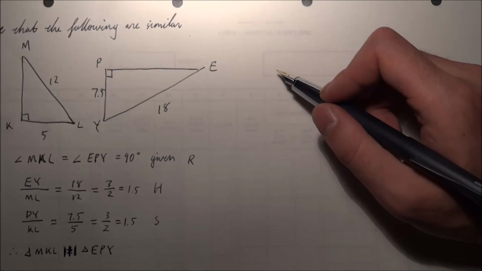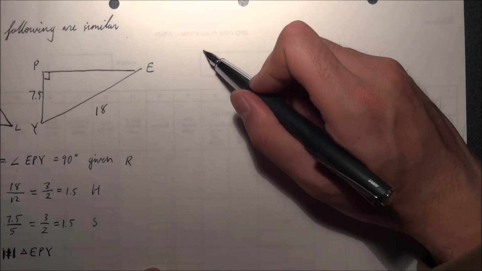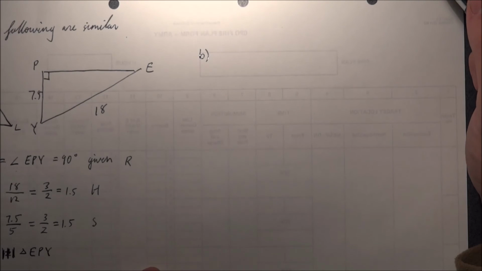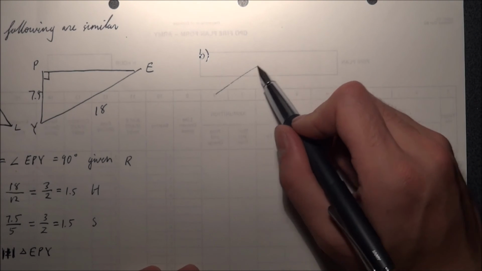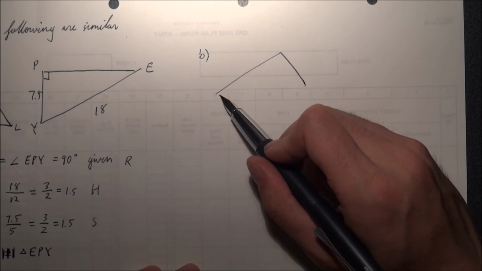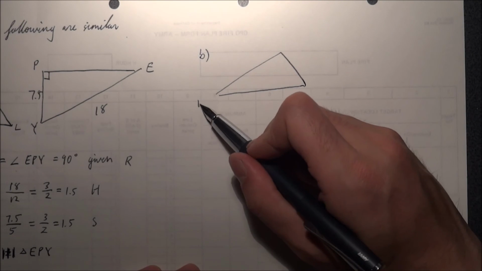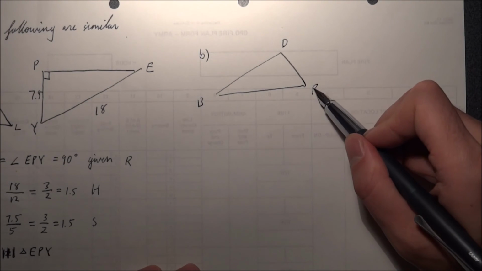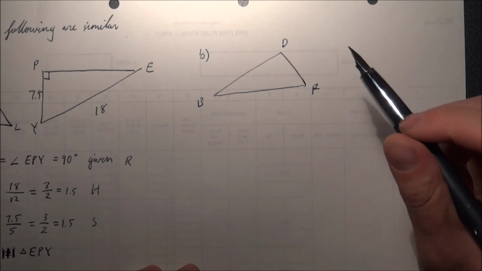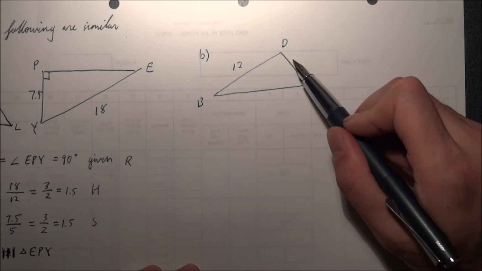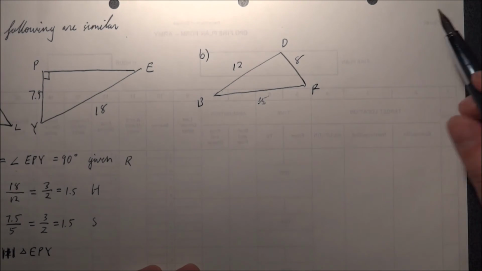Okay, let's try something slightly different. Now we have a triangle BDF, with sides 12, 8, and 15.